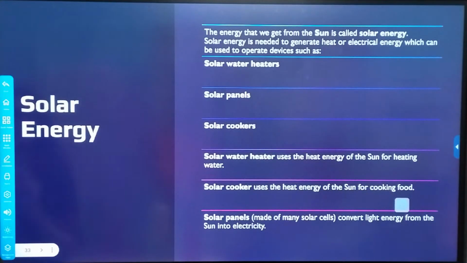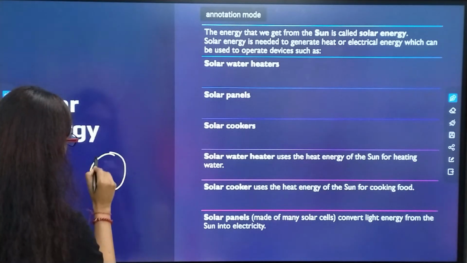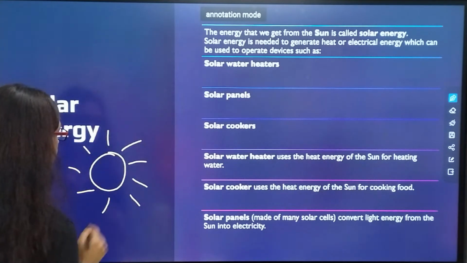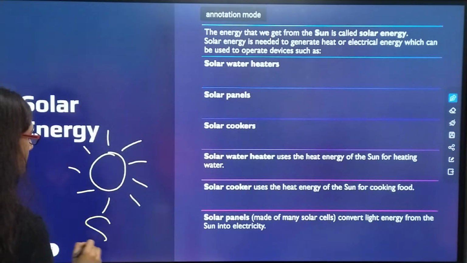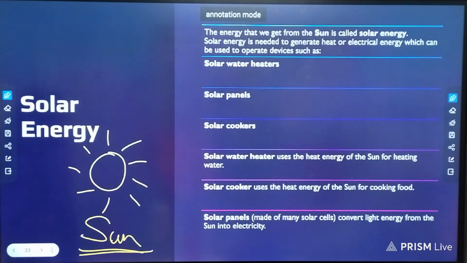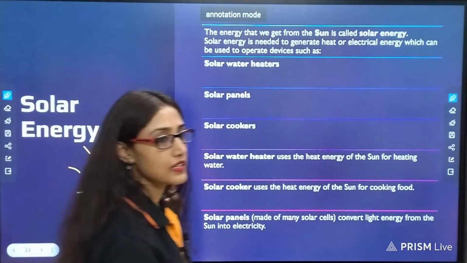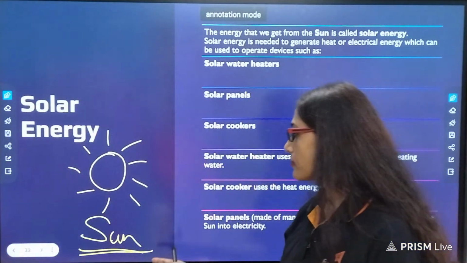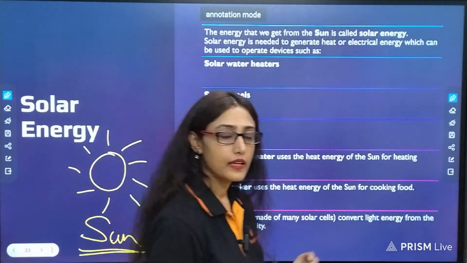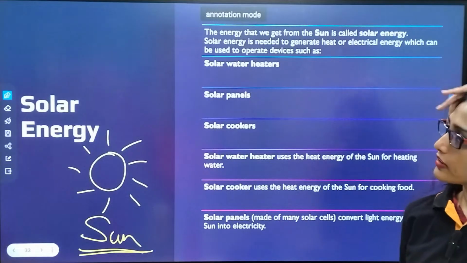Solar energy, obviously very easy. I have told you about this also previously. What is this? This is the sun, which is the source of solar energy. This is the largest and biggest form of energy, but we humans till now know only a bit of how to use it.